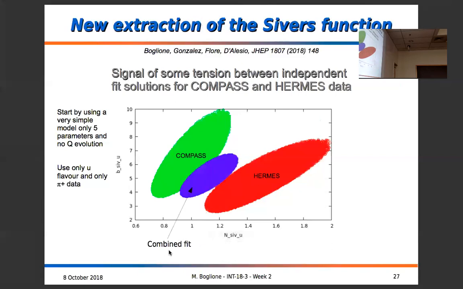And if you attempt to fit all the data together, what do you think happens? Your minimum goes and sits in the middle, and so it tries to compromise for the value of these two parameters. But we were not happy about it, because we don't want to push a large number of data all together and then just try to adjust the parameters or maybe use more refined models with a larger number of parameters.